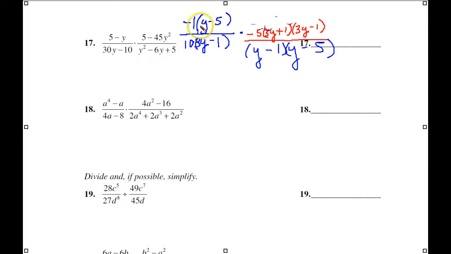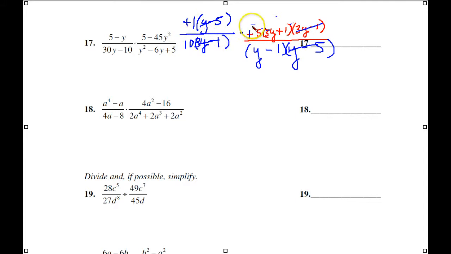So what do we have? Well, this will cancel with this. This will cancel with this. Now here I have a negative times a negative, which will make that positive. That's good.